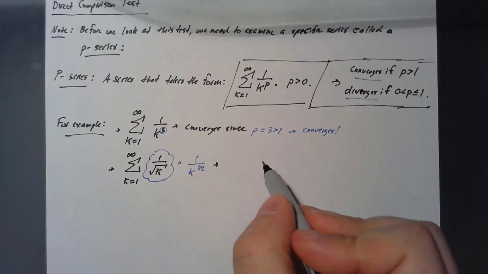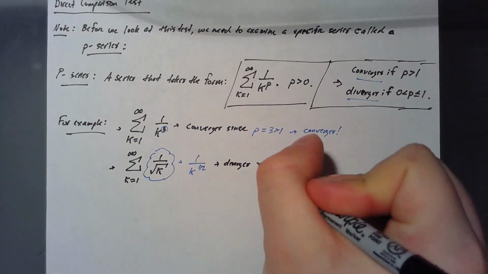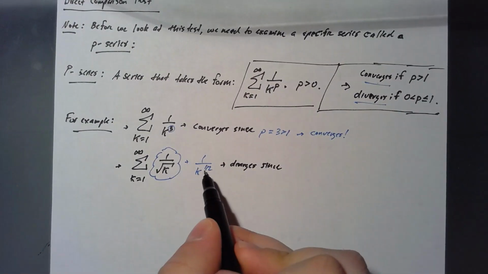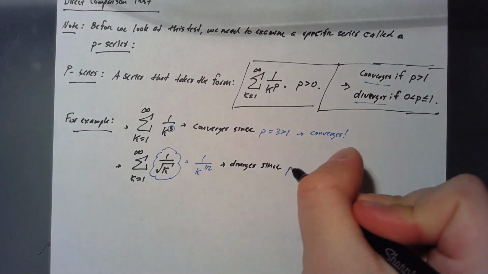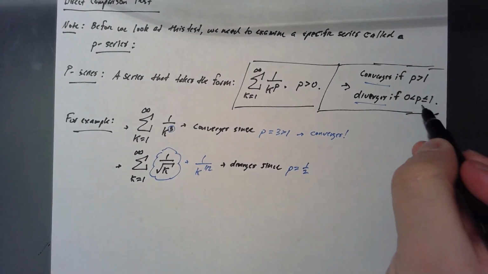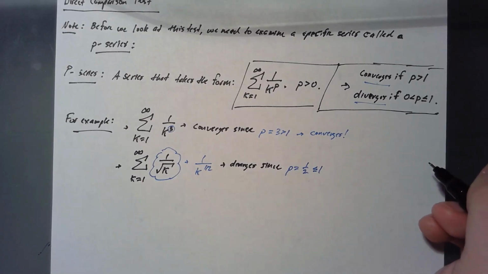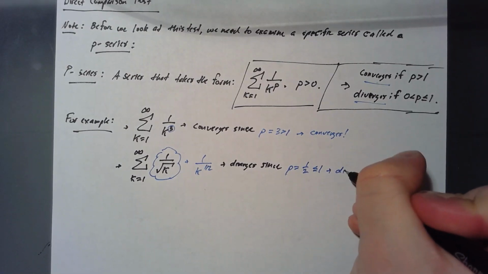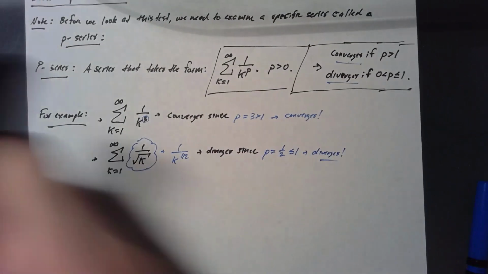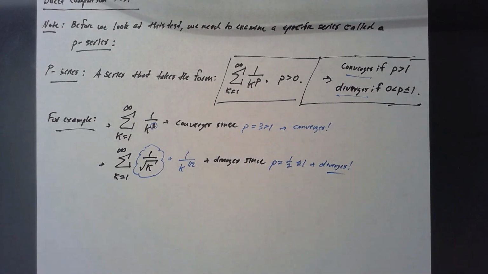Well, this diverges. Since I rewrote it this way, I can see that the value of p here is 1/2. And 1/2 is less than or equal to 1, so it diverges. And that's just the basic form of what a p-series looks like, and that's really it.